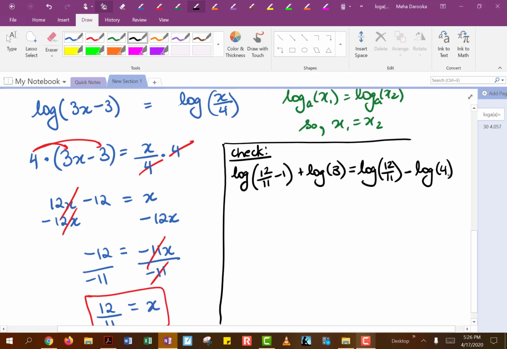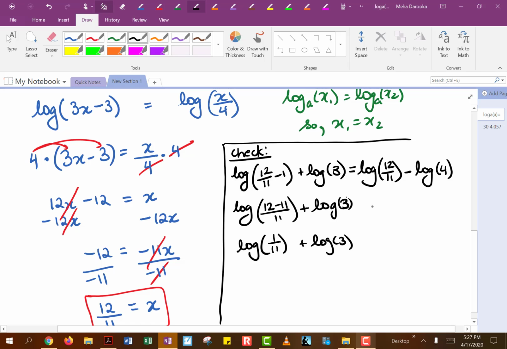Okay, so again you can use your calculator here, but let's go ahead and simplify this. If we're doing 12 over 11 minus 1, that will basically end up becoming 12 minus 11 over 11, or basically log of 1 over 11 plus log of 3, and then on the right, that should be log of 12 over 11 minus log of 4.